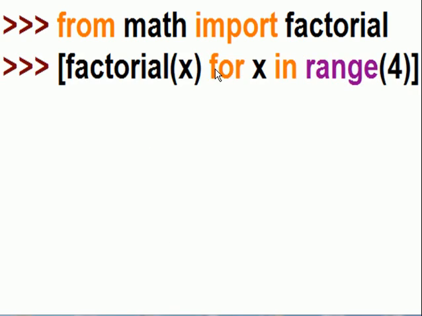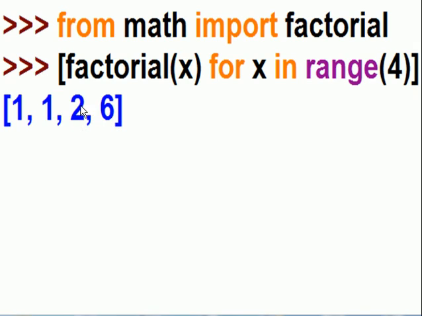Okay. For every X in the range 4, 0, 1, 2, and 3, show me the factorial of X. And it does. So, factorial 0 is always 1, factorial 1, 1 times 1, it's 1. For 2, 2 times 1, times 1, it's 2.